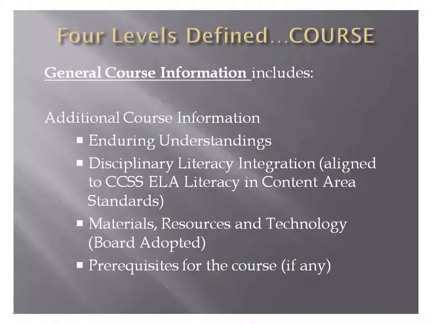So still within the course is the additional course information, and that's where the enduring understandings fall, the disciplinary literacy, and those are really digging back into the Common Core literacy and the content area standards for social studies, science, and other areas. And then your materials and resources and technology that have been board adopted. And in some cases, especially at the high school level, you have the prerequisites for that course, and if there are any, please list those at that point.